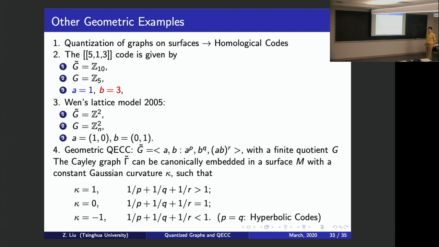For example, you say there's a Gaussian curvature kappa, right? Does this distinguish? I'm just trying to understand what's the data here. Is that the data of kappa associated with a certain code, or is that data related to which surface?